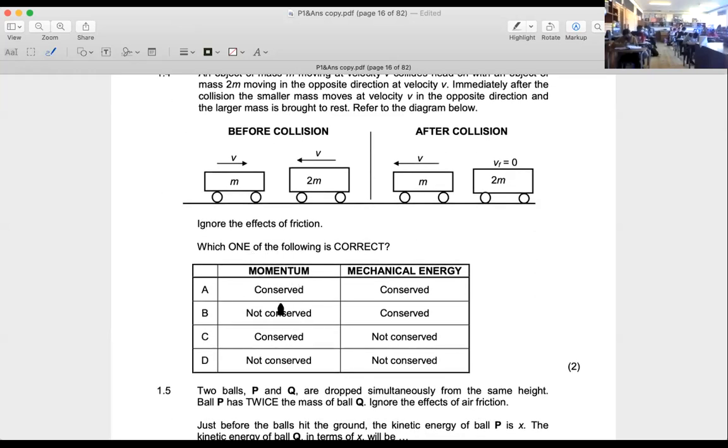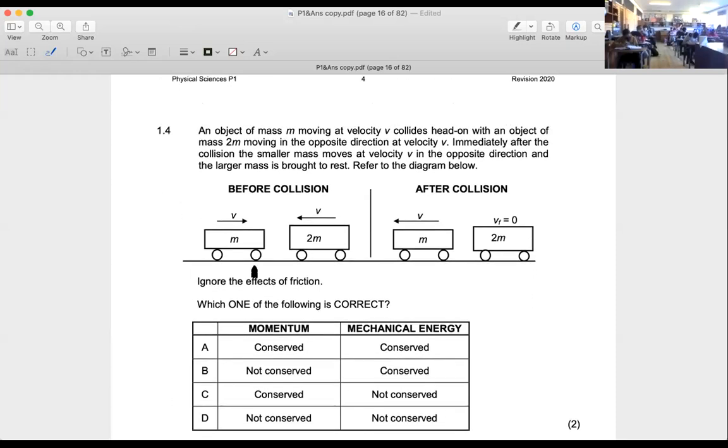Is momentum conserved? Is mechanical energy conserved? Okay, who says in every momentum problem, momentum is conserved? Hands up. Is momentum always conserved? Yes, it's the law of conservation of momentum. So I know it's either A or C. Now, is mechanical energy conserved? In other words, is its kinetic energy conserved? Okay, look at that.